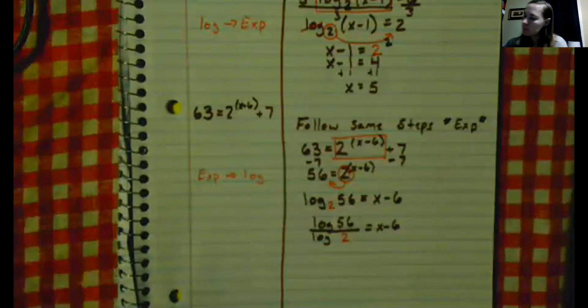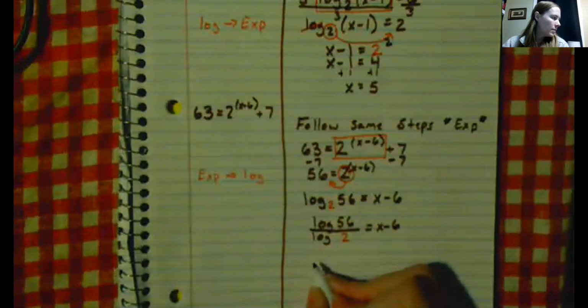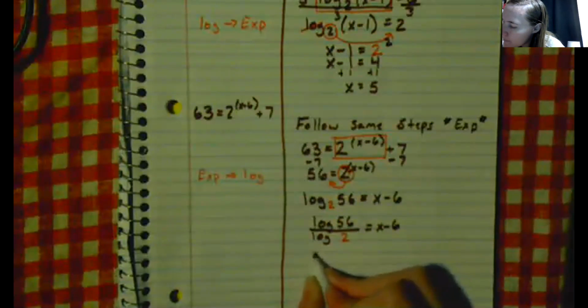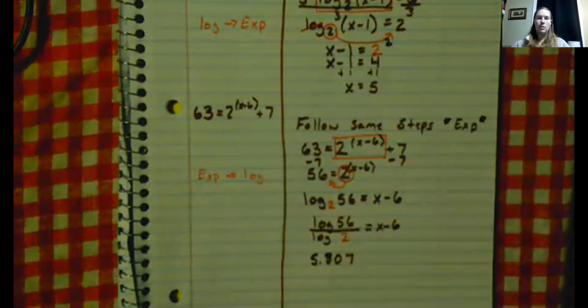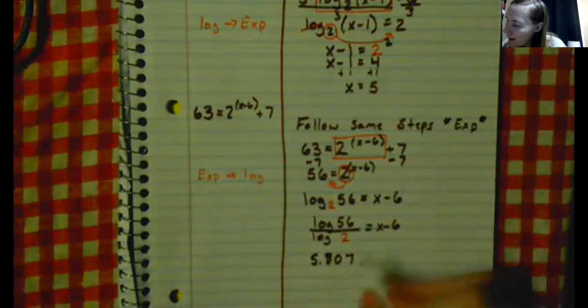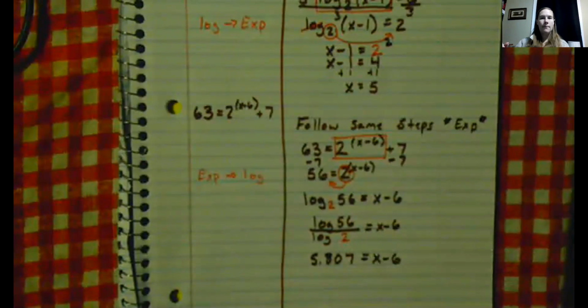So let's go back and write that down. 5.807 is what we got when we put that into our calculator, and it equals x minus 6. Well, now we're way back at algebra again. So I want to solve for x.